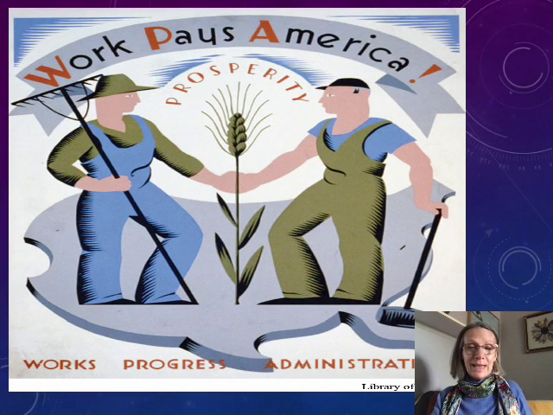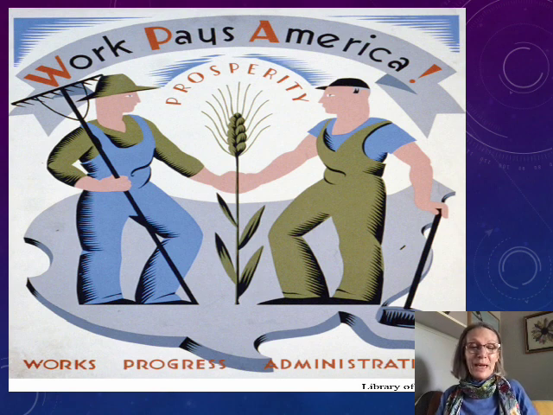One of the largest and most effective New Deal programs is what's known as the Works Progress Administration, or the WPA. They were responsible for creating massive public works projects that employed millions of Americans, gave millions of Americans jobs when they were struggling during the Great Depression.